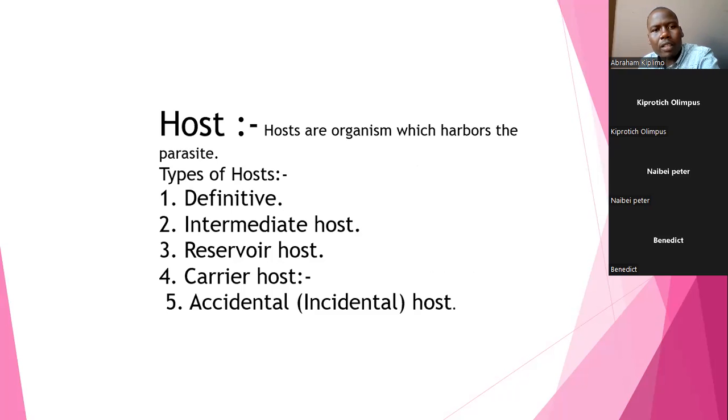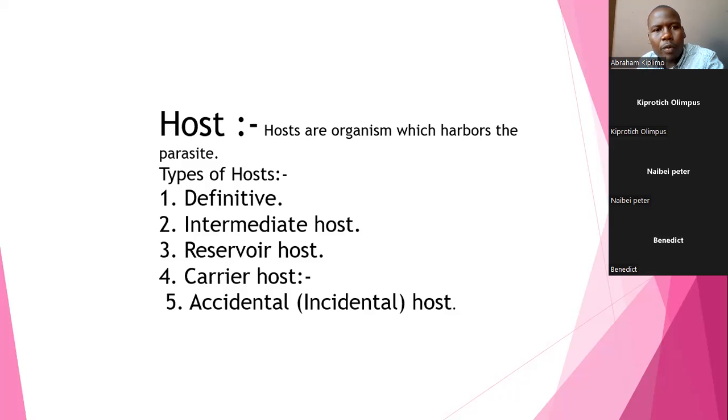So let's define the word host. Olympus, what is a host? The host is where the parasite lives or gets food. Okay, that is a good trial, but I would like you to read what is on the screen. Hosts are organisms which harbour the parasite.